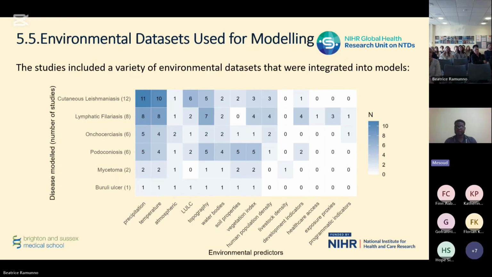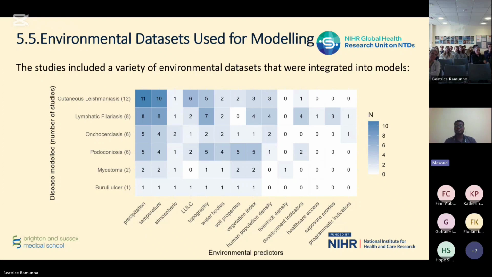As well, what environmental data sets did they use for the modeling? The studies included a variety of environmental data sets that were integrated into the model. We created a heat map to show the environmental data sets they used. For continuous variables, most of them used precipitation, one of the environmental or climate data, in 10 or 12 studies.